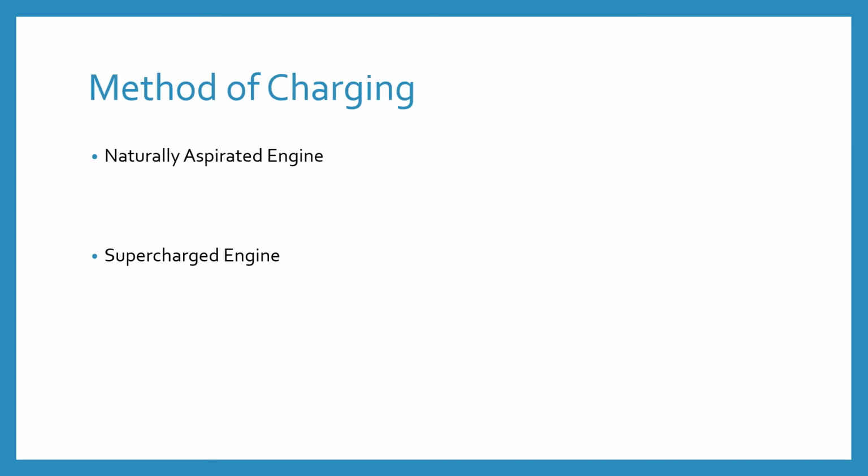Next is method of charging. According to the method of charging, engines are classified in two ways. One is the naturally aspirated engine, number two is the supercharged engine. Naturally aspirated engine means the admission of air or fuel-air mixture at near atmospheric pressure.